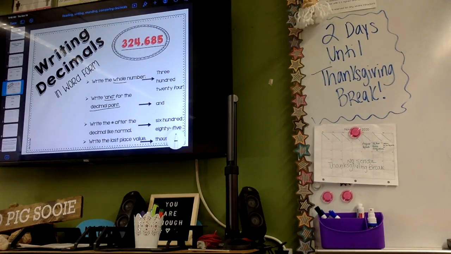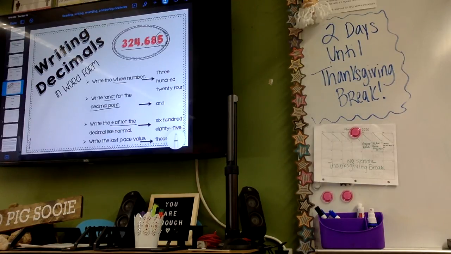Next step. Numbers after your decimal point, you're going to write those like normal. So 685. Then you write the place value of the last digit. So in this case, we have 3 numbers. So that means that's going to be what?